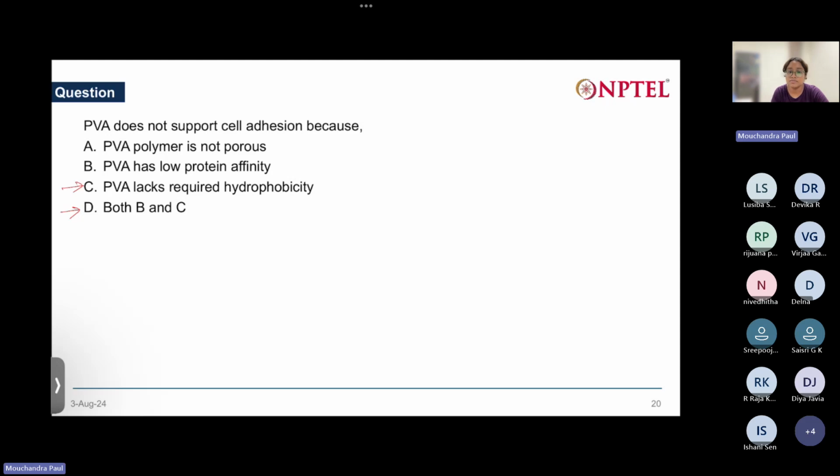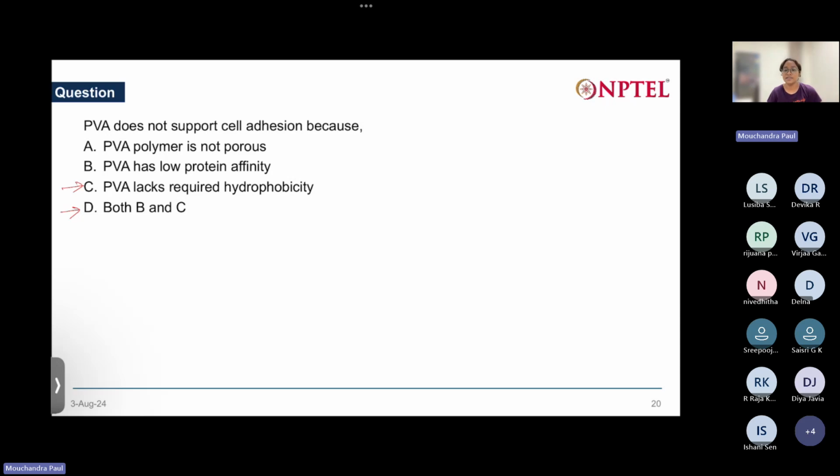So very briefly, I tried to explain how synthetic polymers promote cell adhesion on their own. A general statement I can make is, if the surface is very hydrophilic in nature, then cell adhesion won't be possible. Also, if the surface is very, very hydrophobic in nature, then also cell adhesion is not possible.